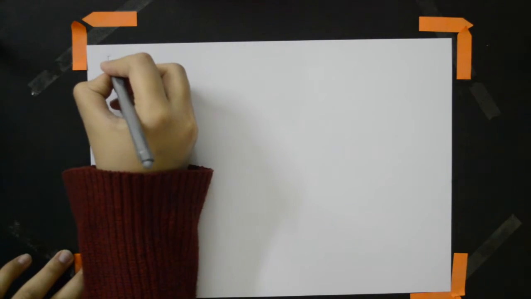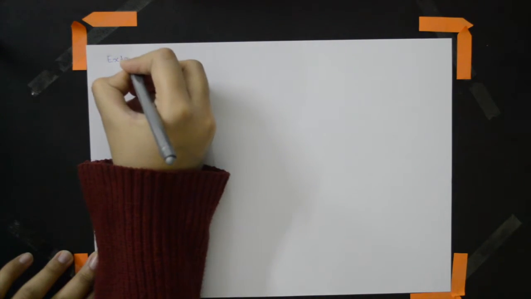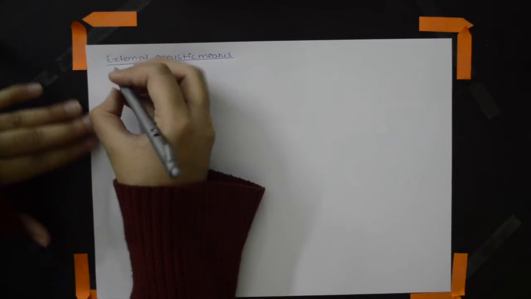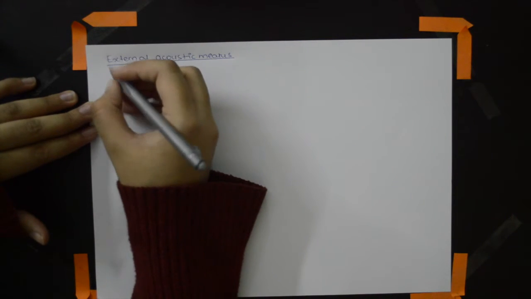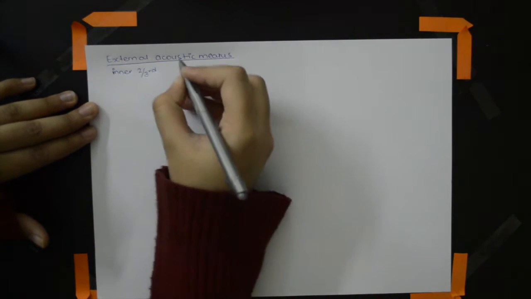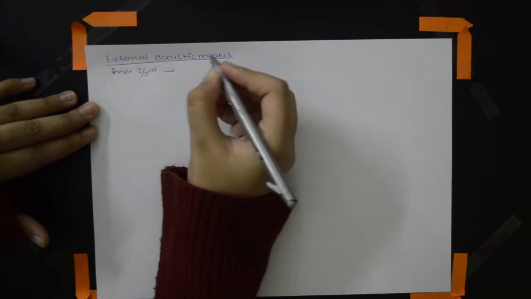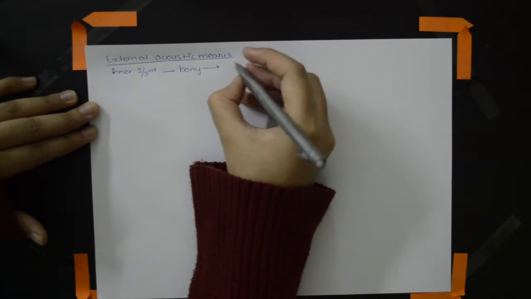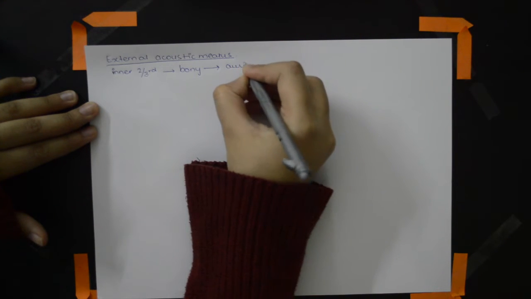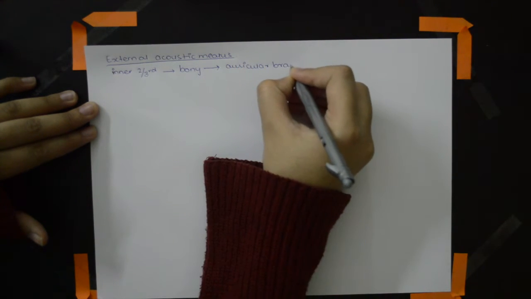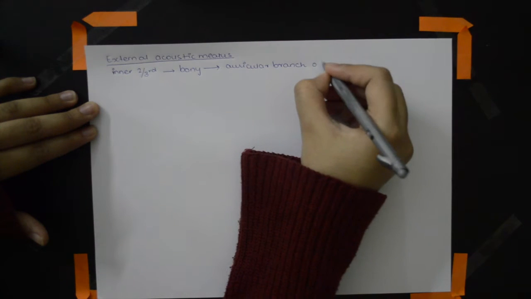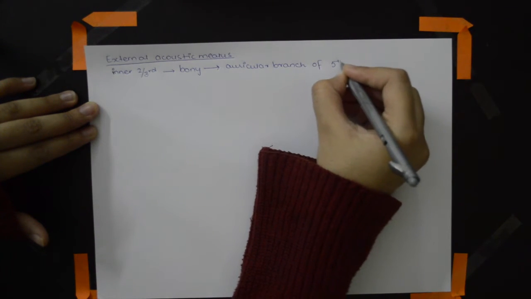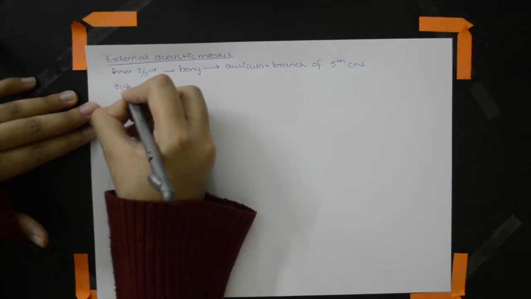About the external acoustic meatus. So we're starting from the medial, that is the inner 2/3. Third part is the bony part. This is the inner 2/3 part. It is the bony part and it is supplied by the auricular branch of fifth cranial nerve.